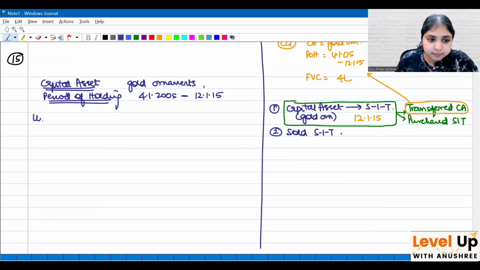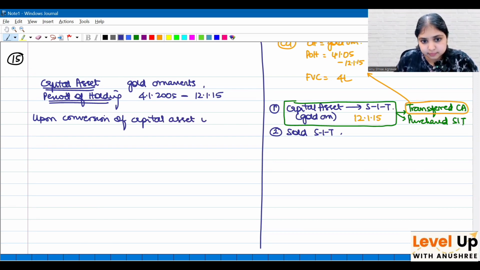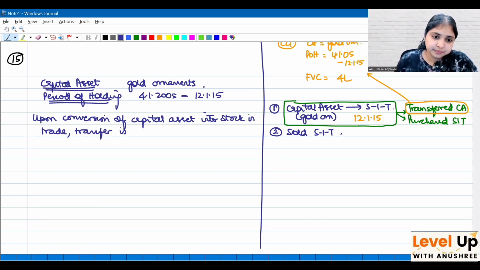So write down: upon conversion of capital asset into stock in trade, transfer is deemed to have taken place.